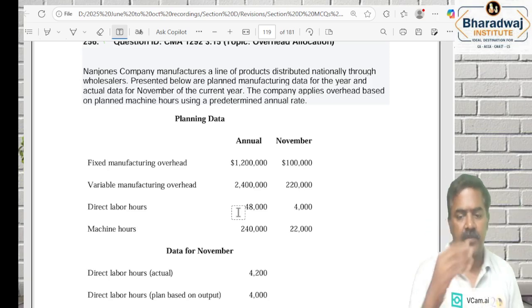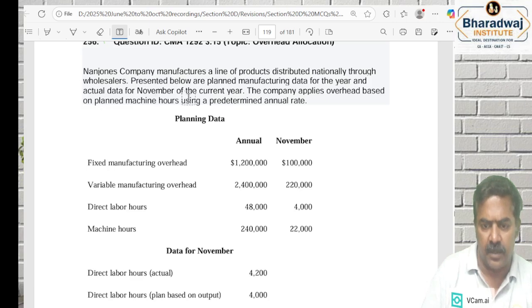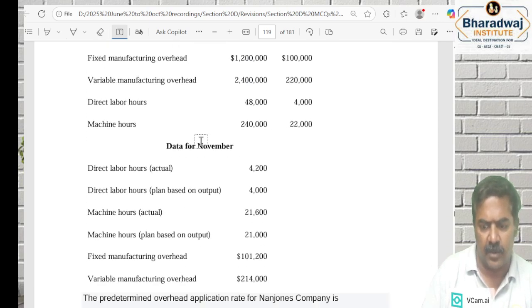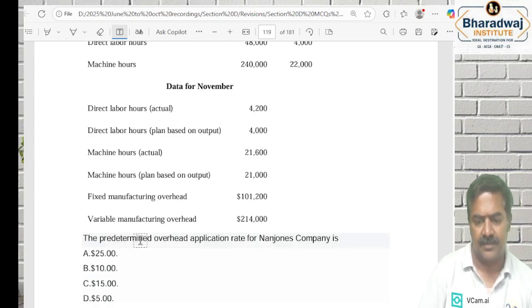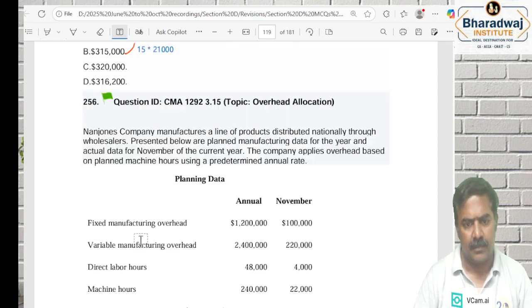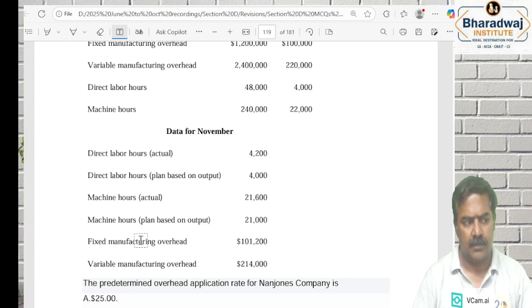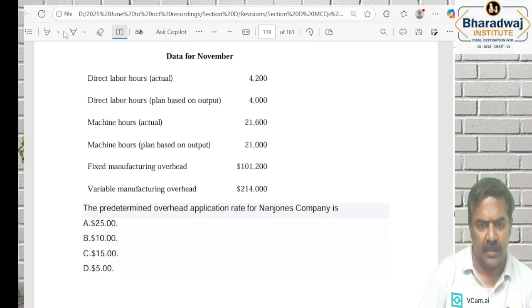Next. Same question. What have they asked? The company applies overhead based on planned machine hours using a predetermined annual rate. Okay, they ask for the predetermined overhead application rate. Standard, 15 per standard hour.